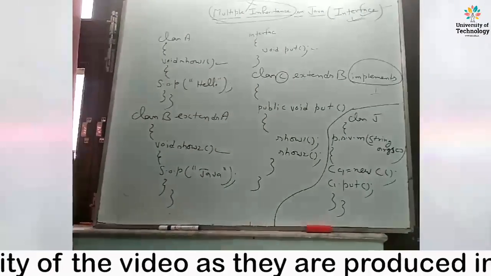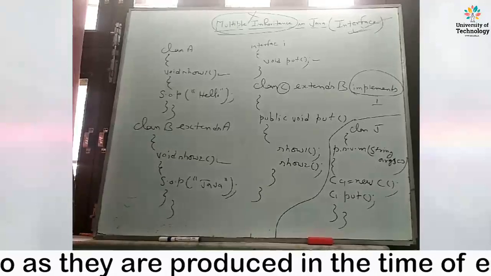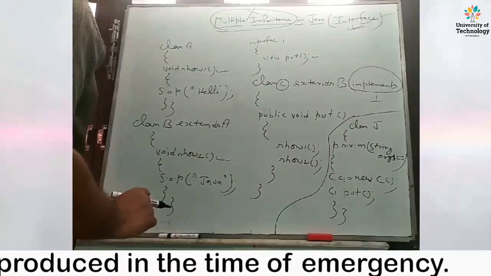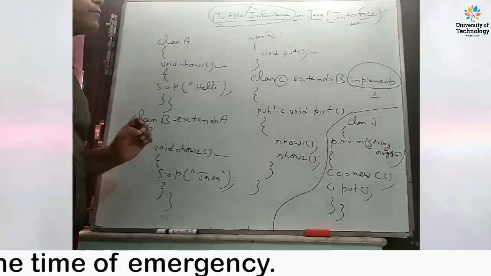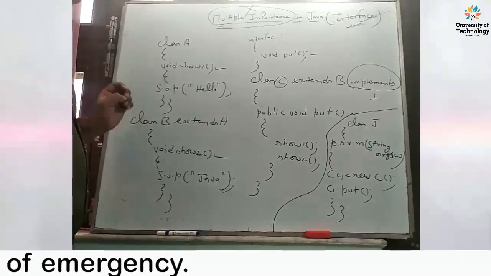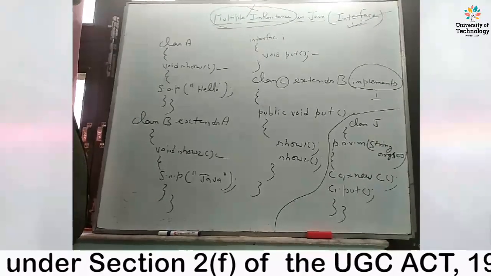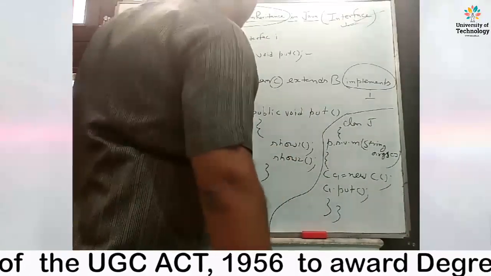So this is called interface in Java. Once again, C++ supports five types of inheritances, but Java supports single level, multi-level, and hierarchical inheritance. And if we talk about multiple inheritance, we have to use the interface concept.